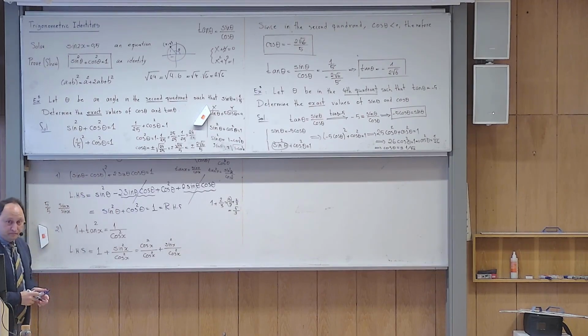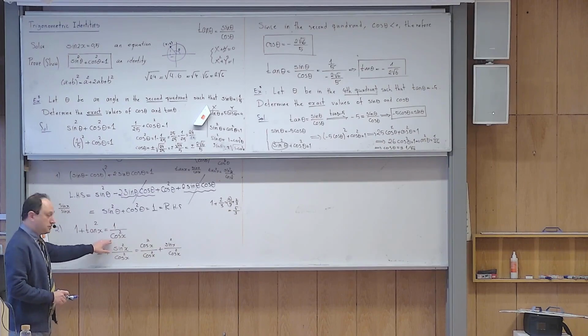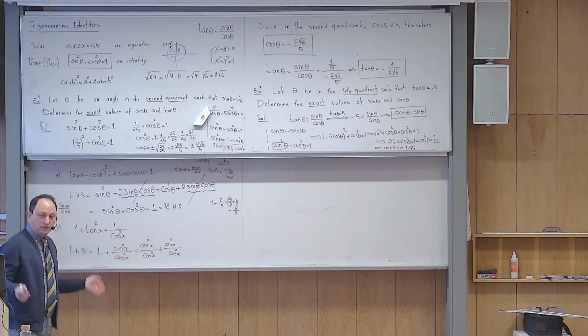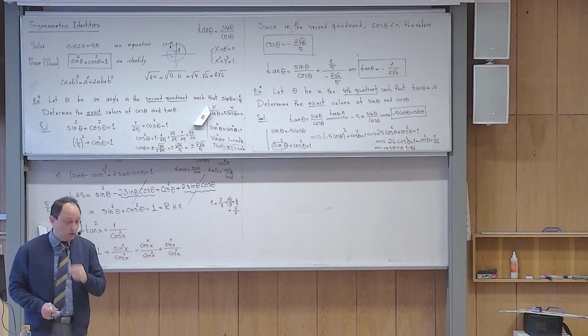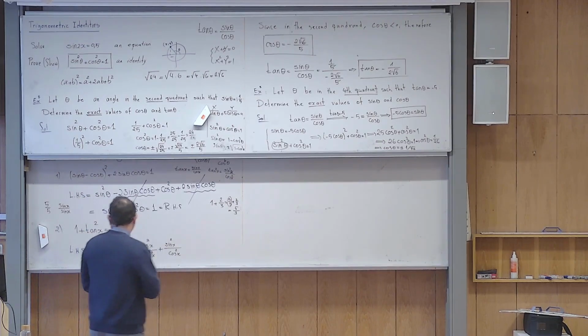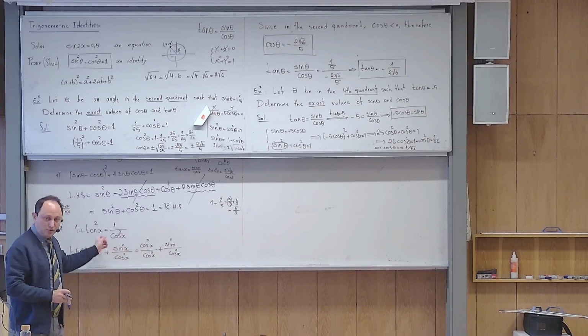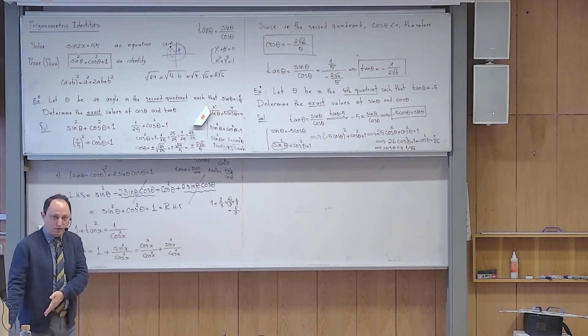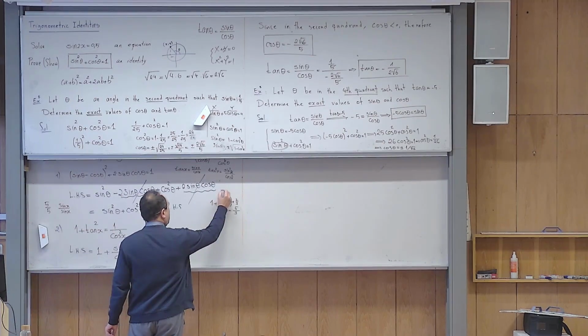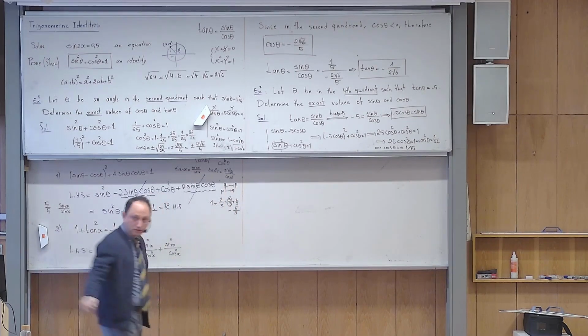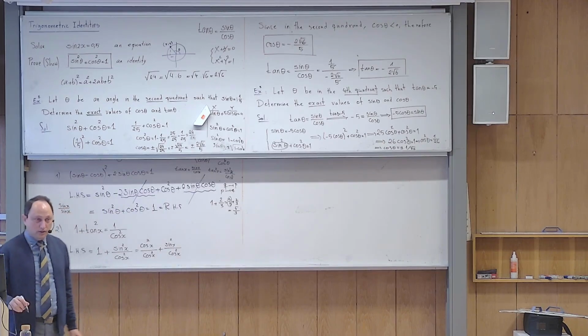Is it possible to just skip that and just multiply everything by cosine x to the power 2? No, don't do these things, because that is working only for equations. So you are just multiplying things and reaching something that is correct. I told you several times, this is something we don't know. If you start working with this, it means that if this is true, then this is also true. So you prove P, then Q, and set it for Q, then P. And they are not the same.